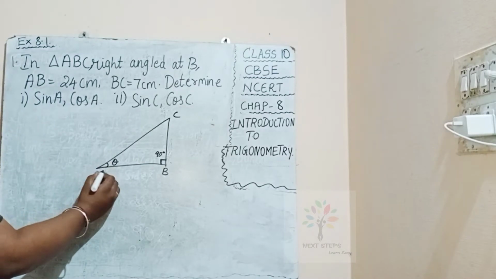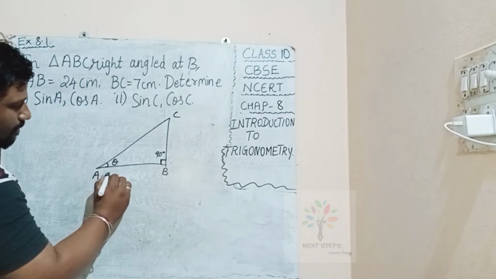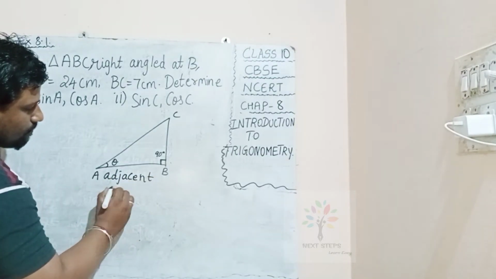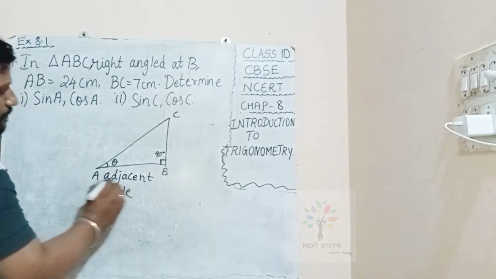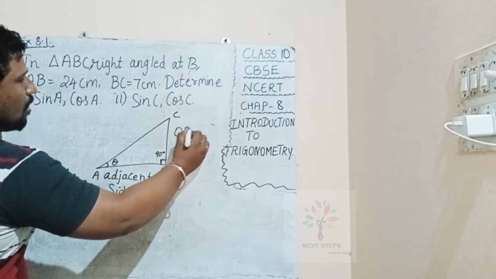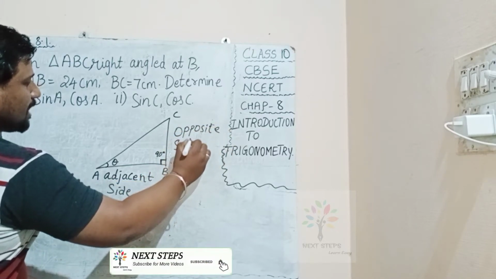With respect to theta, the AB part will be the adjacent side. With respect to theta, your BC part will be the opposite side.